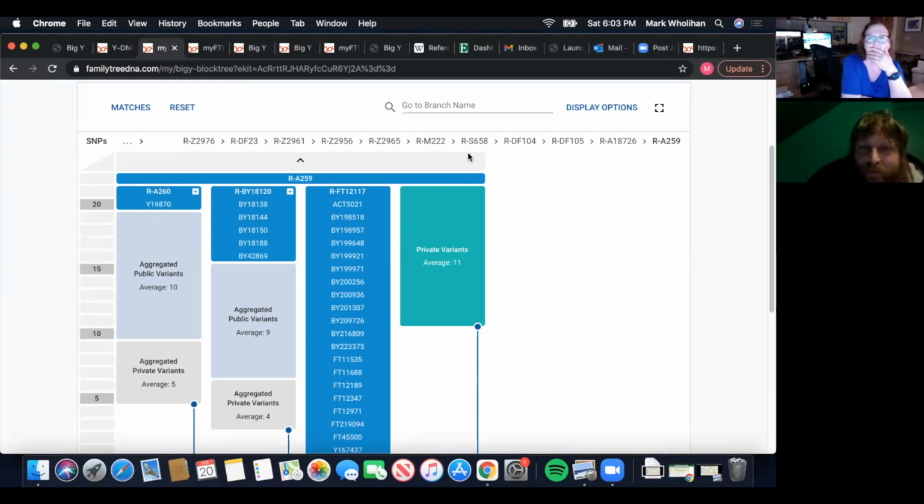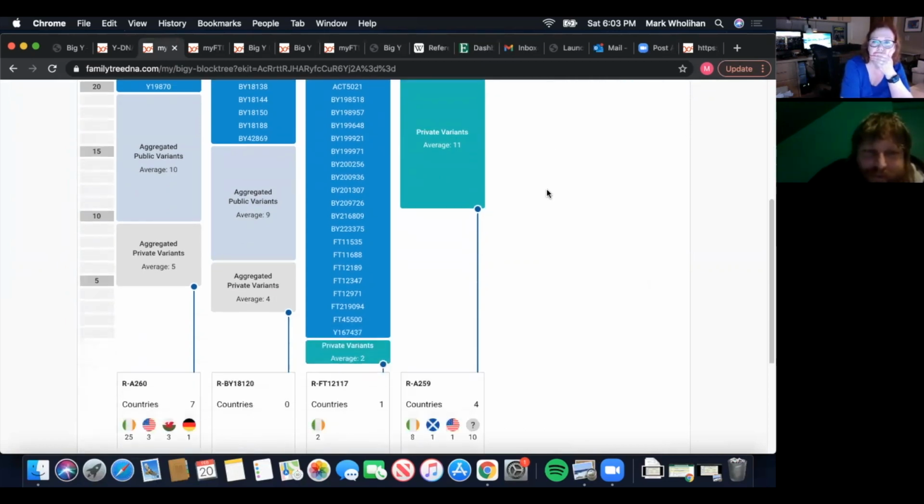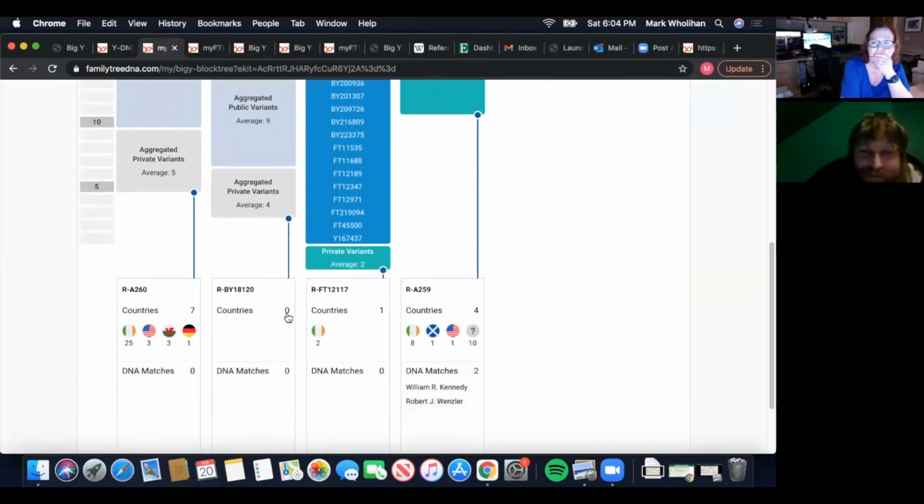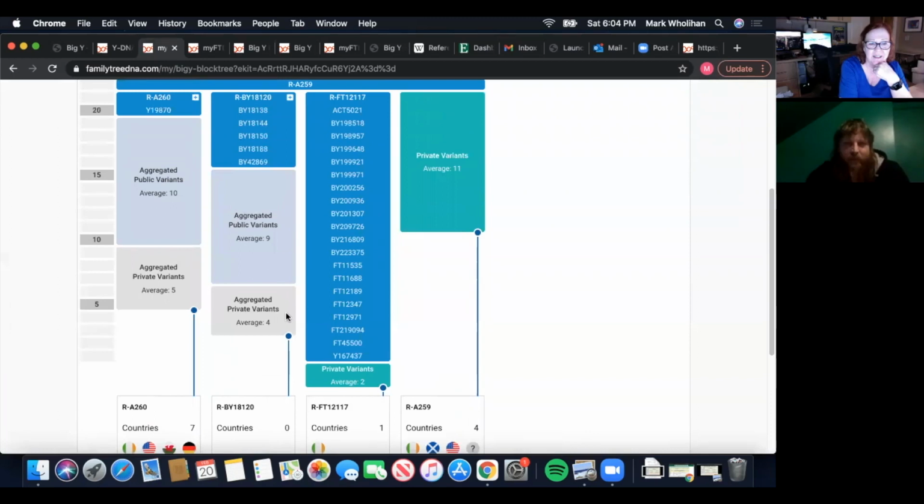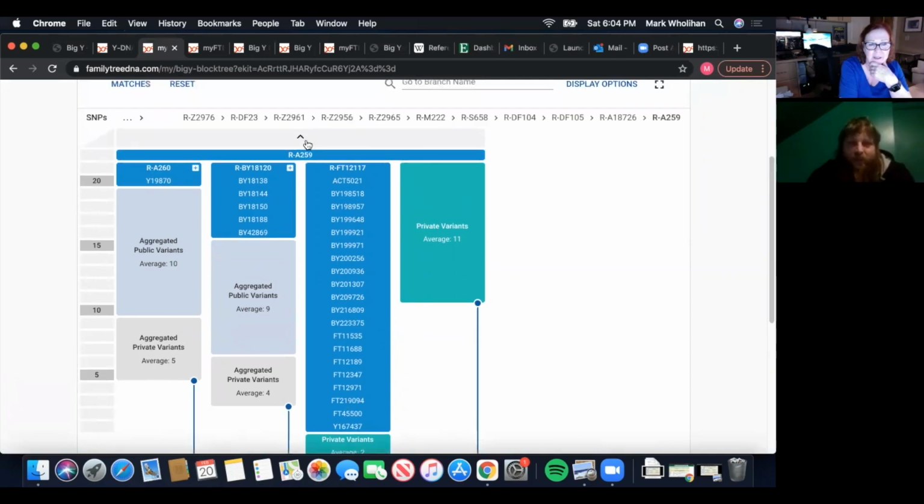Some people theorize Niall of the Nine Hostages. You've got a lot of Irish flags here. But that's quite a ways back. If you look at this list of SNPs, it's not always every generation either. It's every other generation.